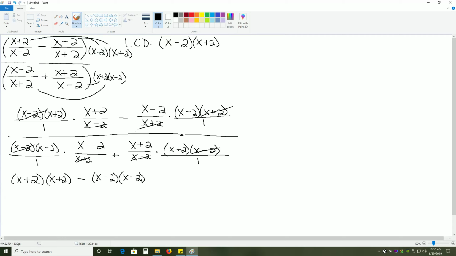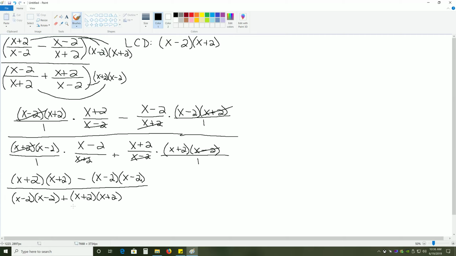That minus that we had up here that was on the outside of our fraction has to be put on the outside of parentheses because it's being multiplied to the entire x minus 2. And that's all over x minus 2 times x minus 2 plus x plus 2 times x plus 2.